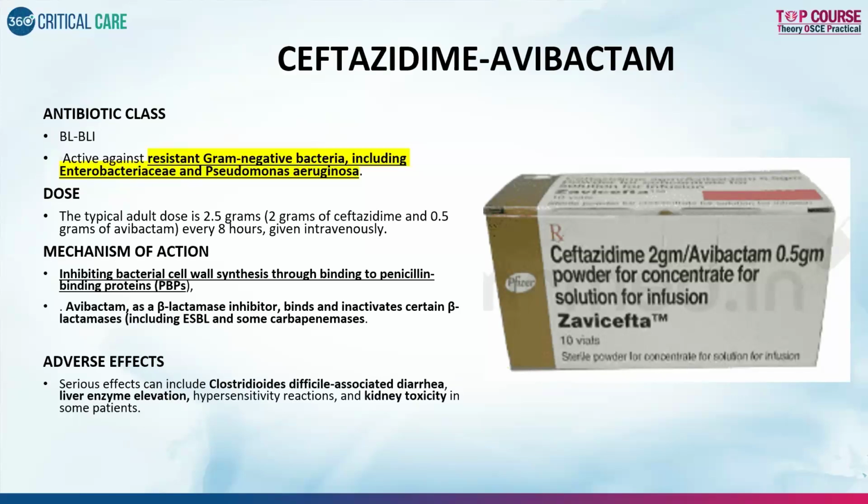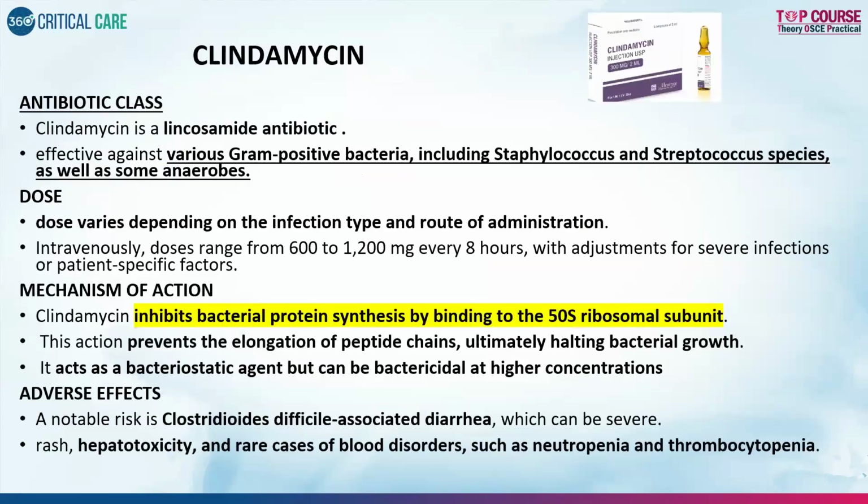Okay, coming to clindamycin, anyone wants to answer? Clindamycin is a lincosamide class of antibiotic. It acts on the 50S ribosomal subunit. The dose is usually 600 mg IV Q8H. It has good skin and soft tissue coverage, along with anaerobic coverage.